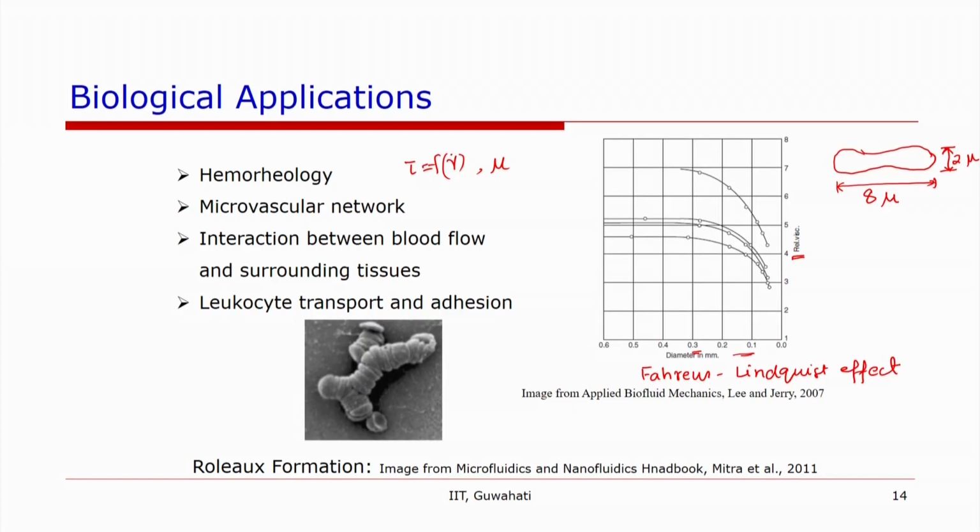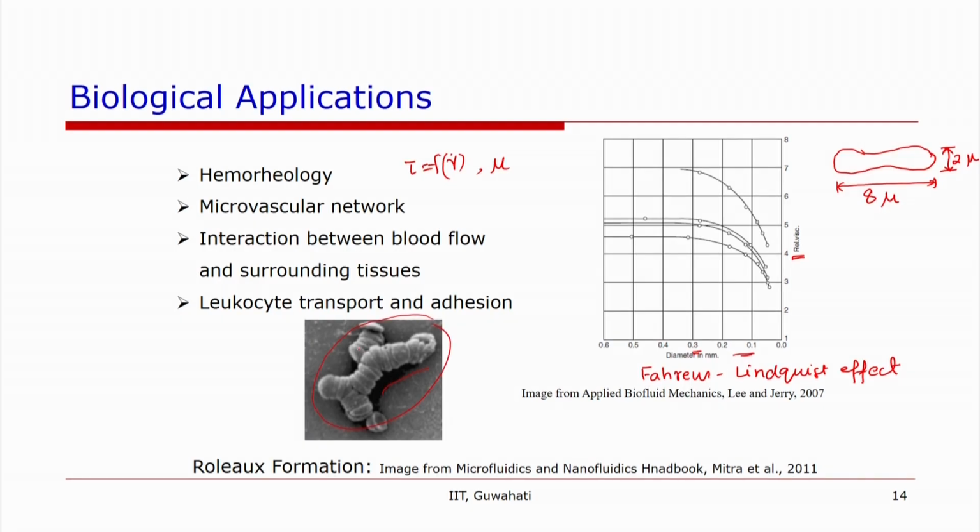Another interesting phenomenon that happens at low shear rates in blood is that the red blood cells stack together. As you can see here, at low shear rates, which will often be the case at low velocities and in small channels, because the velocities are very high when the blood comes out from the heart, say in the aorta and large arteries.